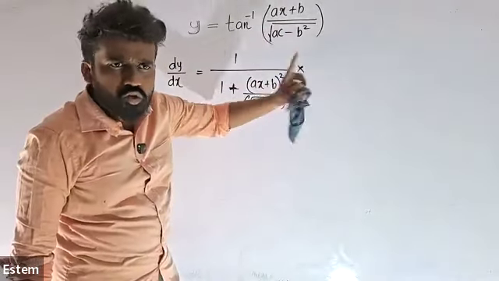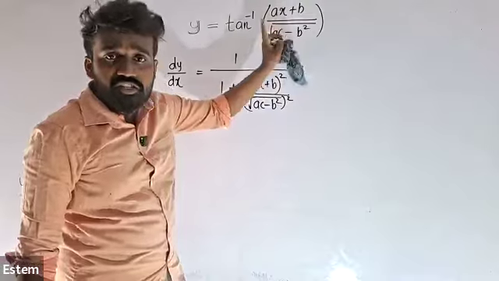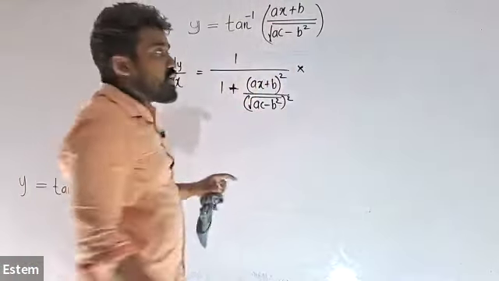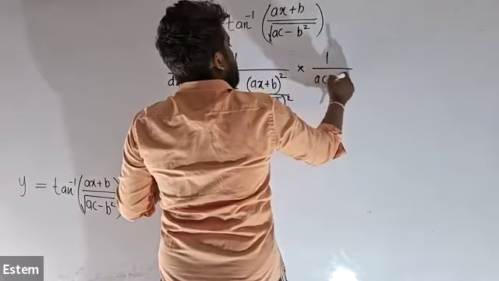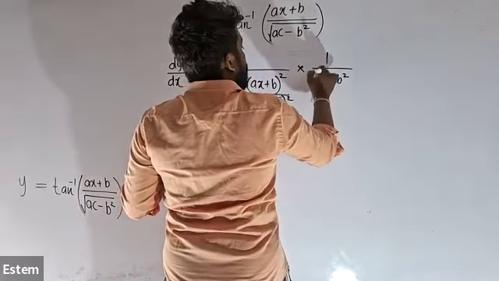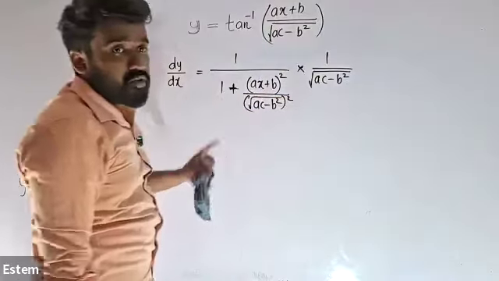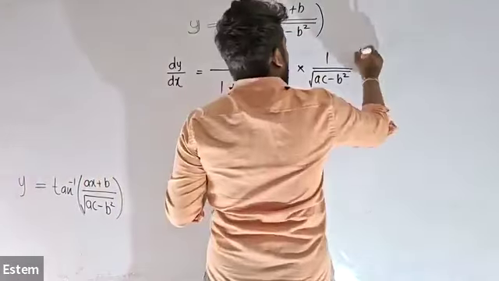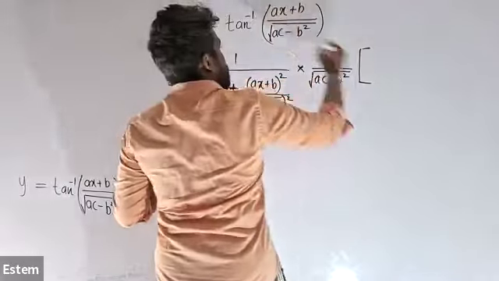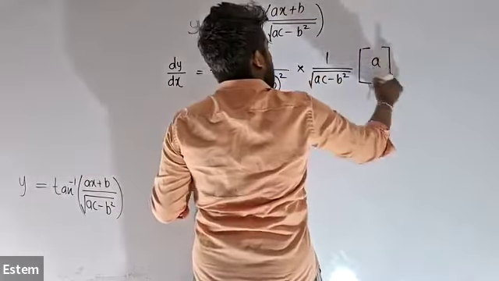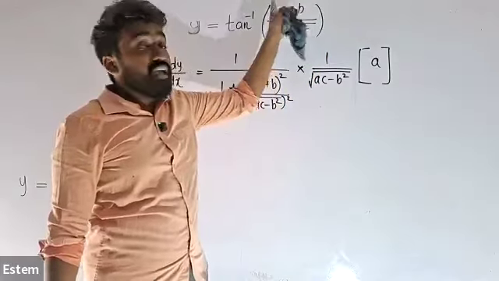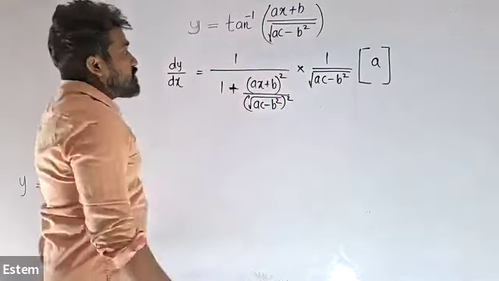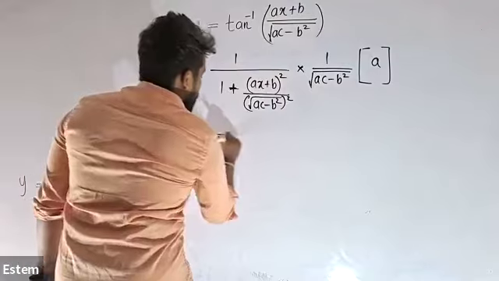No, it is not, because we can pull out the square root of ac minus b squared since it is a constant. Now we differentiate ax plus b, so it is only a. The differentiation of b is 0, and the differentiation of ax is just a. So this is the final answer, and we should get this.